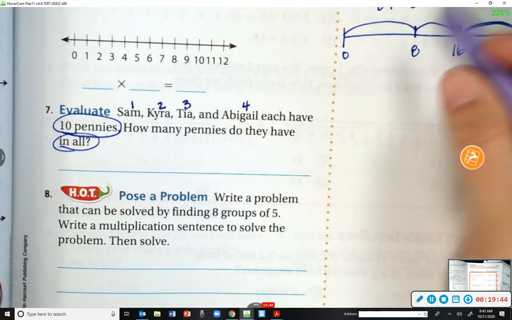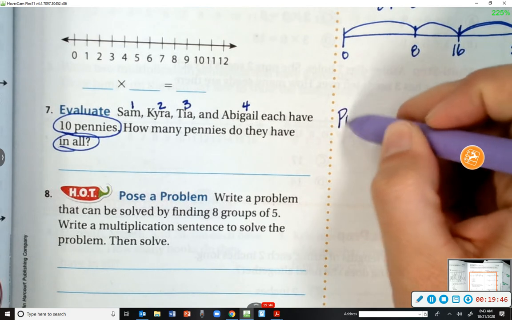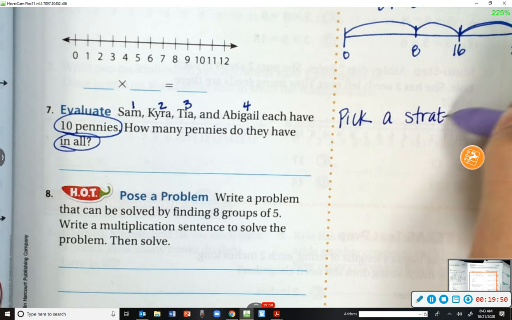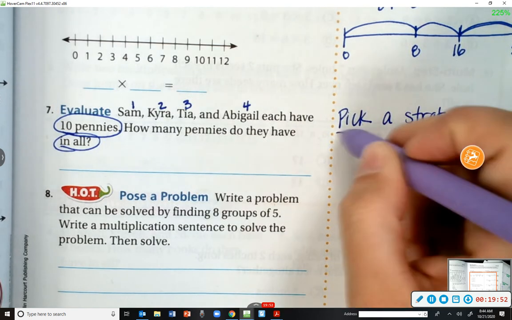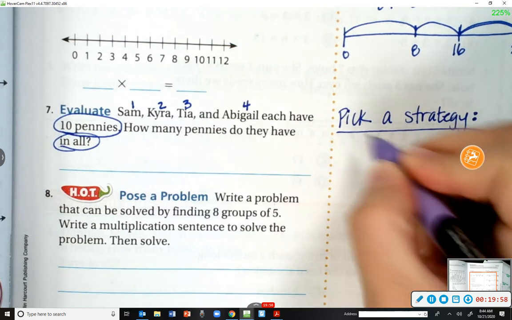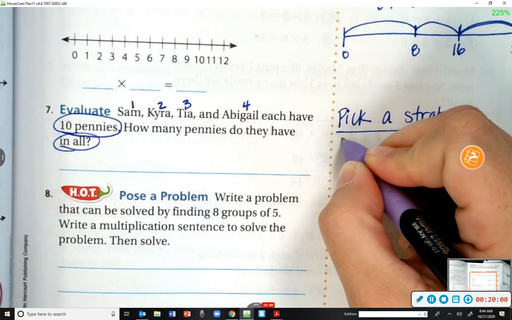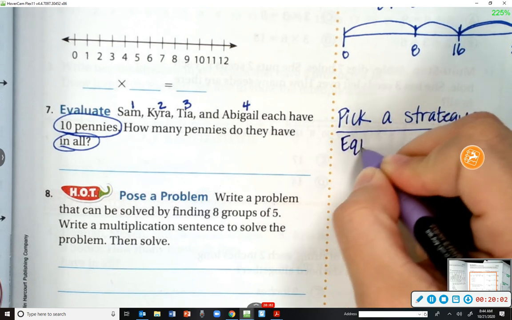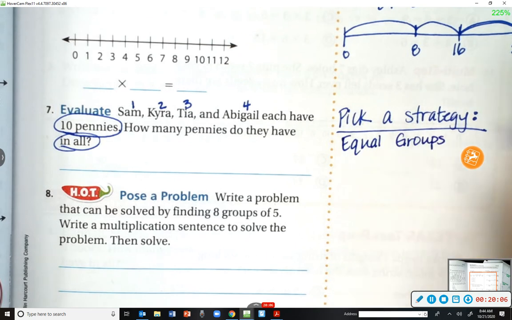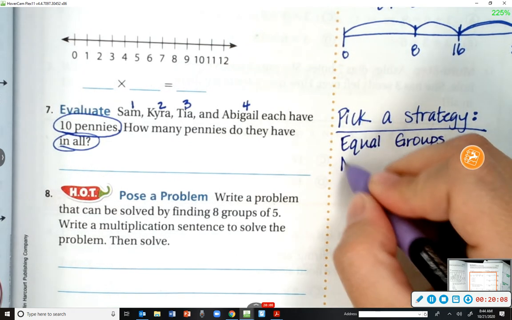So I want you guys to pick a strategy to show your work. What's a good strategy that you could use? Kelsey? To multiply, you can use equal groups. Or you can draw a number line.